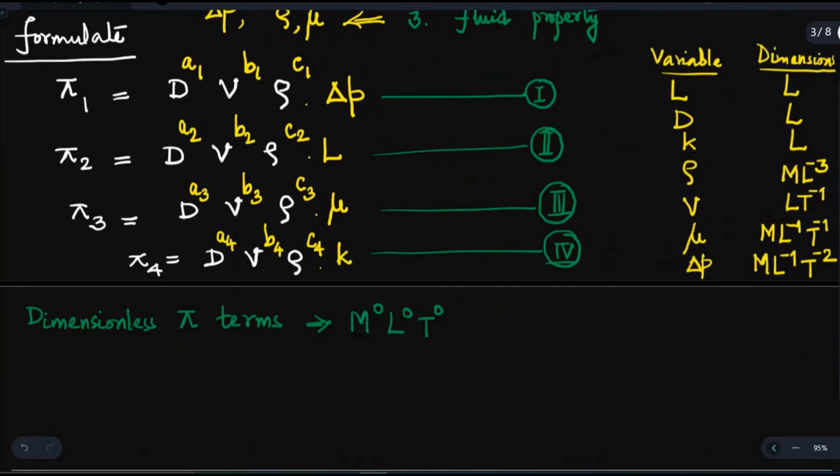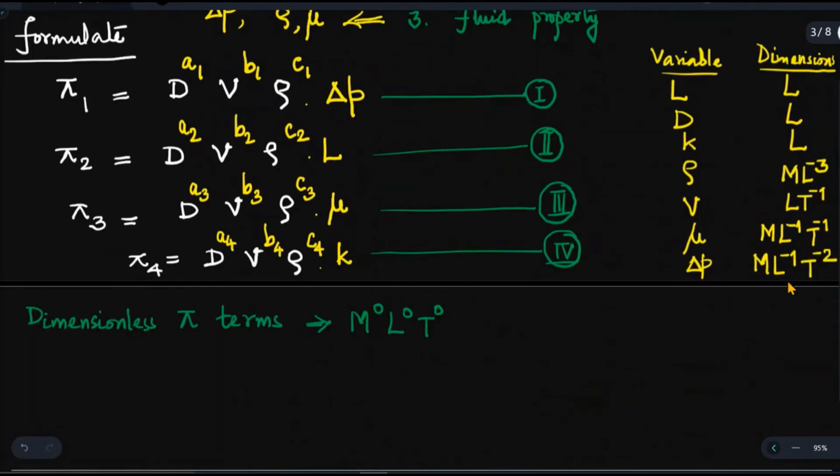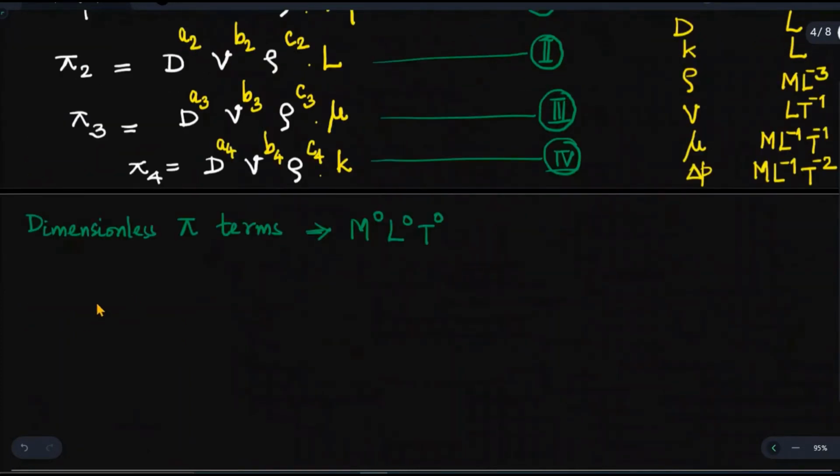Now what you should do is, in each of these 5 terms, substitute these dimensions, and then equating the powers of M L T on both sides of each of the 5 terms, you will be in a position to find out the indices a1 b1 c1, a2 b2 c2, a3 b3 c3, a4 b4 c4, etc. So I'll show you one, and the rest you can manage.